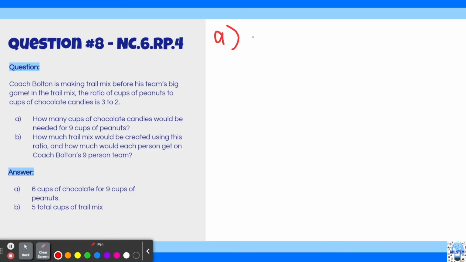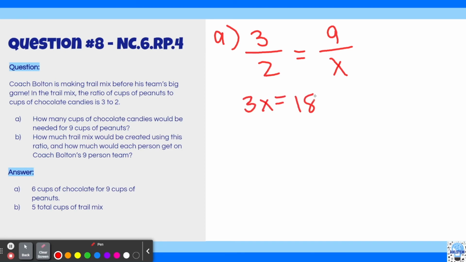So our ratio is 3 cups of peanuts for 2 cups of chocolate is equal to 9 cups of peanuts for how many? So let's do our butterfly multiplication. So we get 3x equals 18 and x equals 6. So 6 cups of chocolate for 9 cups of peanuts.